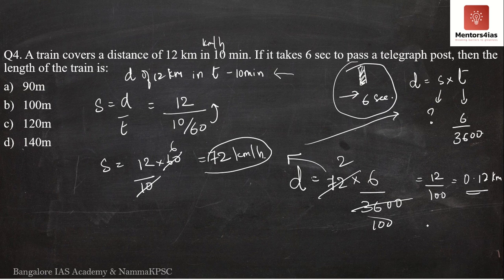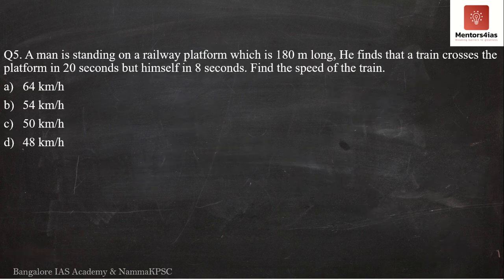So the length of the train is 0.12 kilometers, which is nothing but 120 meters. Therefore, the correct answer is 120 meters, or option C. Now let us move on to the fifth question.